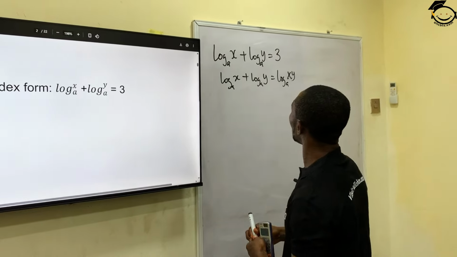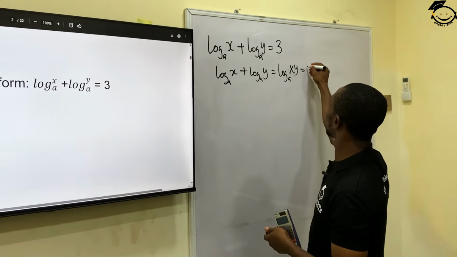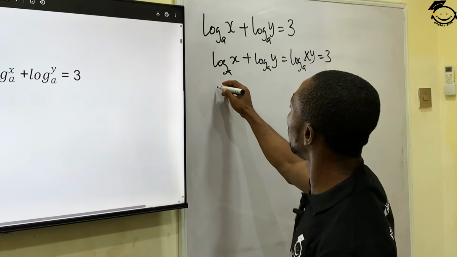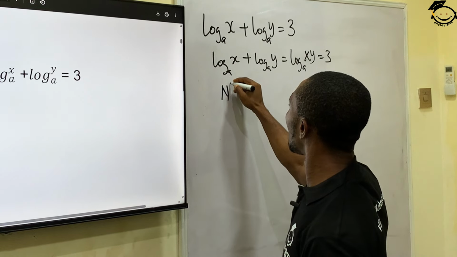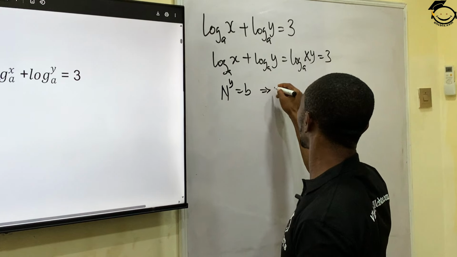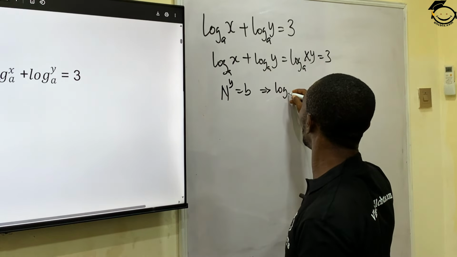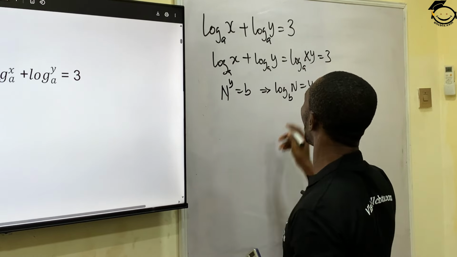Okay, now turning this will give us log a xy equals 3. But we know that, remember, n raised to the power y equals b will give us log b to base n equals y.